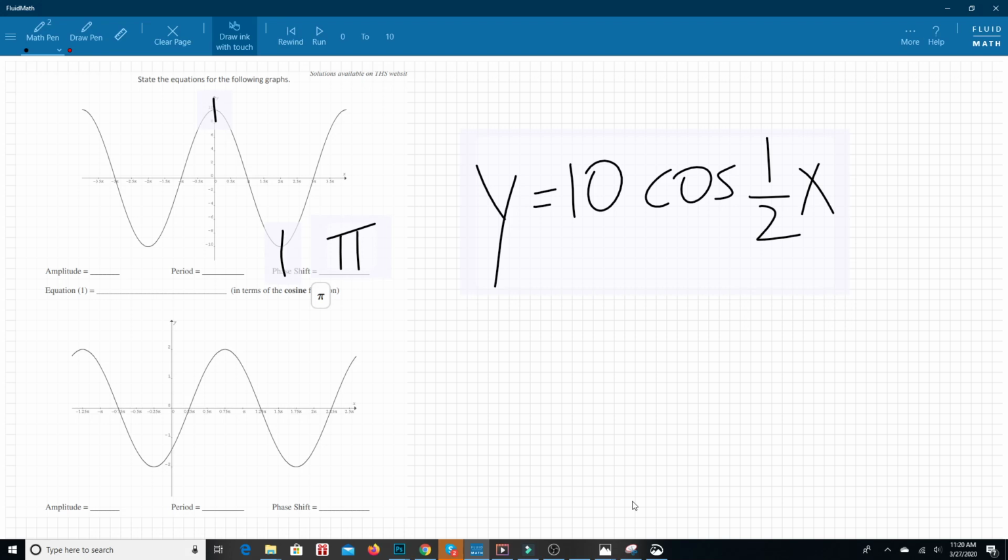So, good, question 2. What's the amplitude for question 2? Anybody could look at that, see it?